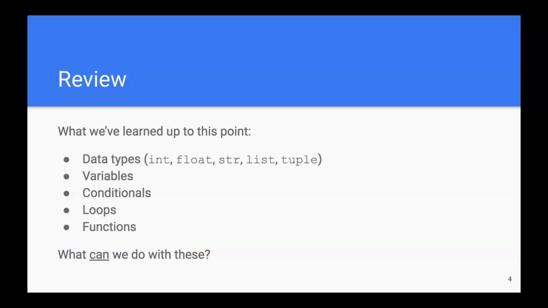Well, as you see, we could do quite a lot of things, right? We did a project on mortgage calculators, and we're doing another project with extracting statistics from a collection of data. So we can already do quite a lot with what we've learned.